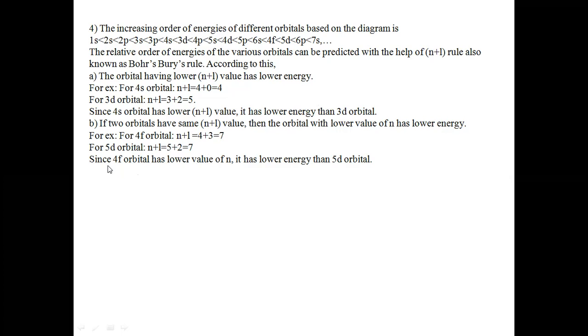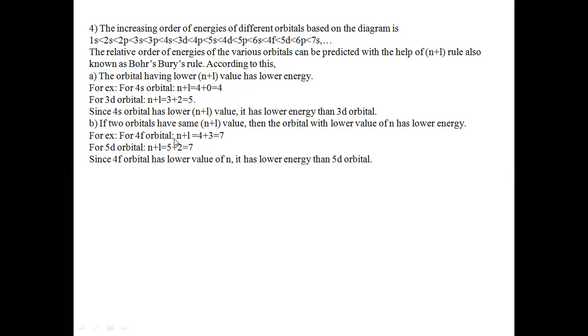Here the 4f orbital is having n value as 4 and 5d orbital is having n value as 5. So which orbital is having lower value of n, that is lower value of principal quantum number? That is 4f orbital.